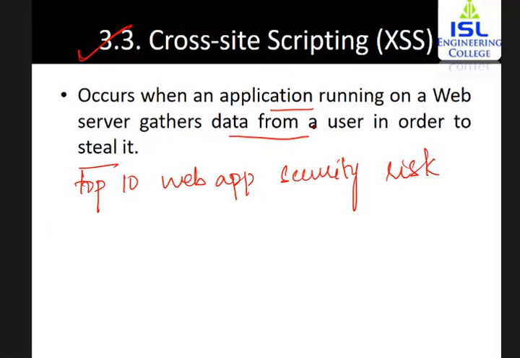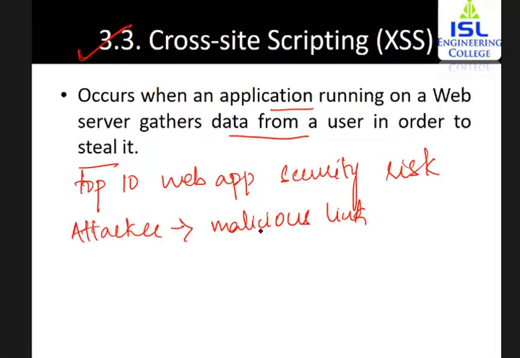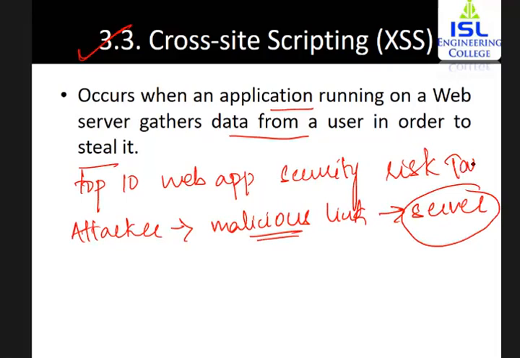Whenever you are searching the web, the attacker is going to encode a malicious link, that is, a link that has a virus in it. This malicious link is stored on the target server.